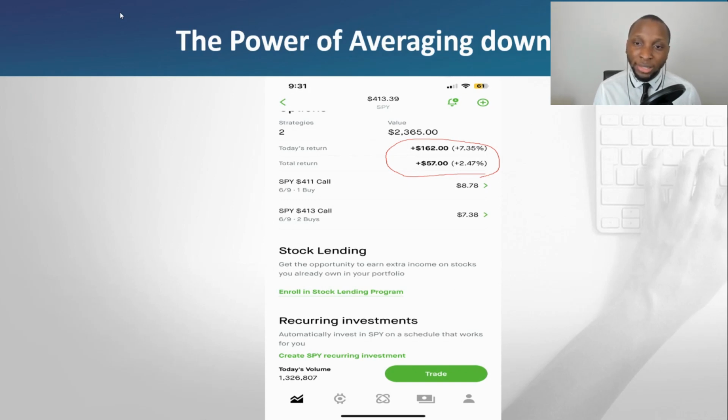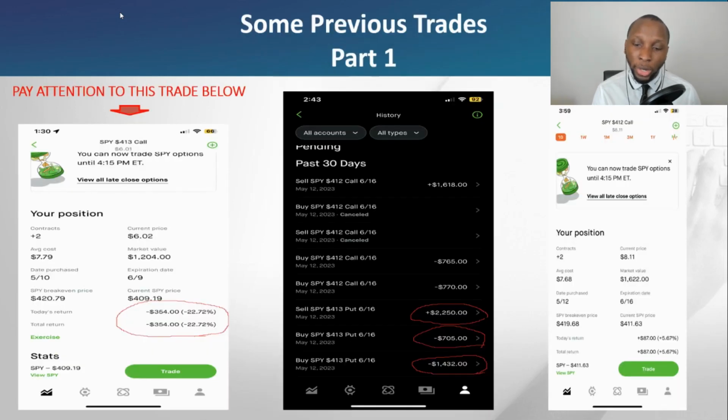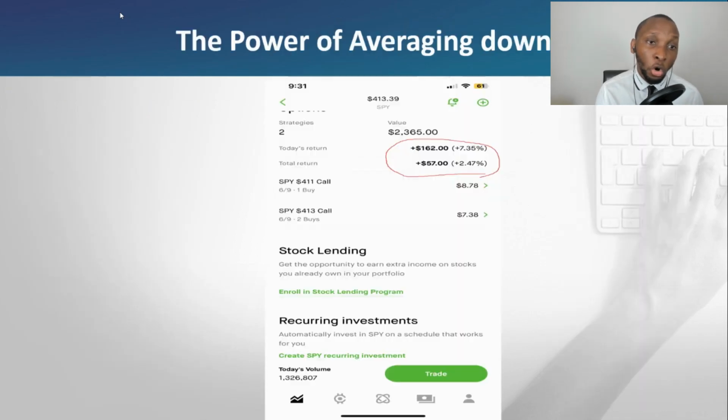As you can see, the two contracts, I can go back, it was the SPY 413 calls. So I had two contracts, and you guys can see those two contracts are stated as buys, two buys. I want you to pay attention to total return at the end.